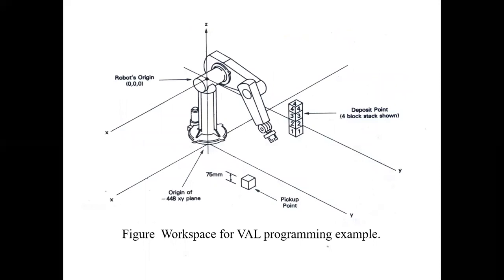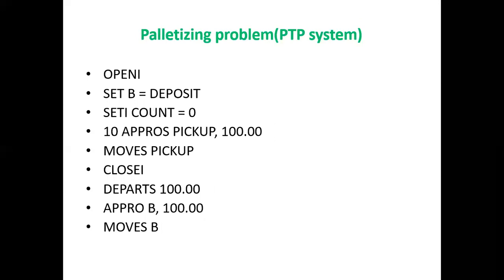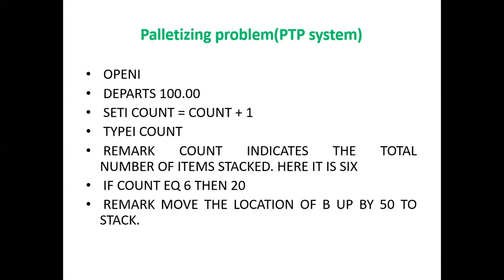This is a workspace of VAL. So this is a programming stack. REMARK, this program picks up parts from a text. So REMARK location, then OPEN I, then SET B, then APPROACH pickup, then MOVES pickup, then CLOSE I, DEPART, APPROACH B, MOVE B, OPEN, DEPART, then REMARK.